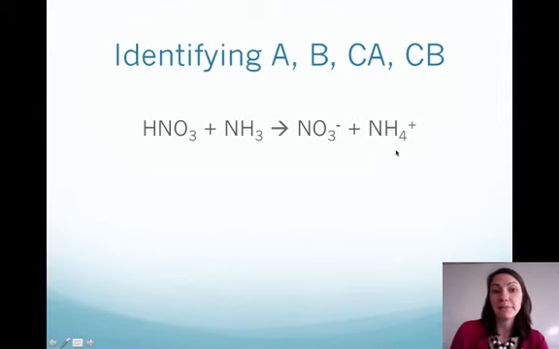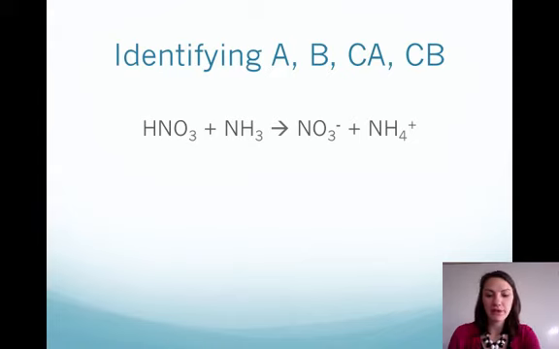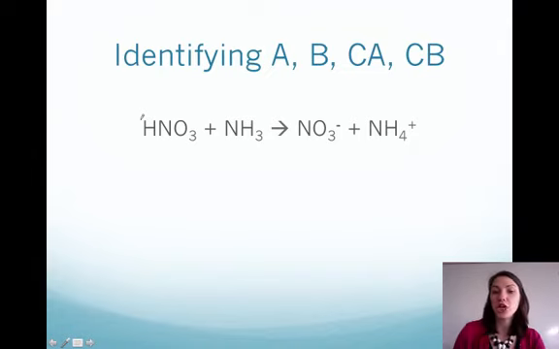So here we're going to do an example together about how to identify the acid, the base, the conjugate acid, and the conjugate base. All right? So we're going to start by circling the proton, and we're going to show its movement. So if I look right here, I've got HNO3, and I've got NO3 minus. So that's going to be an acid conjugate base pair. All right, they're paired up. So this H is going to move here.